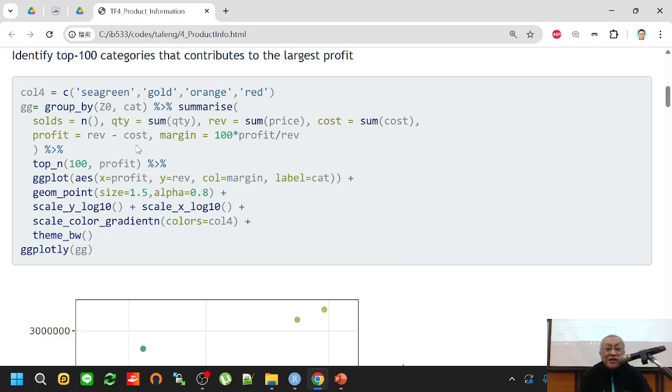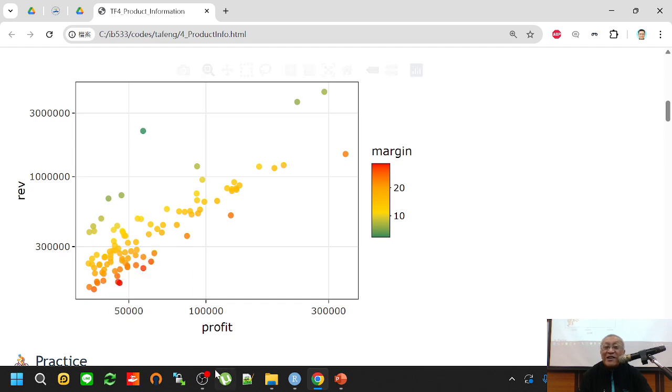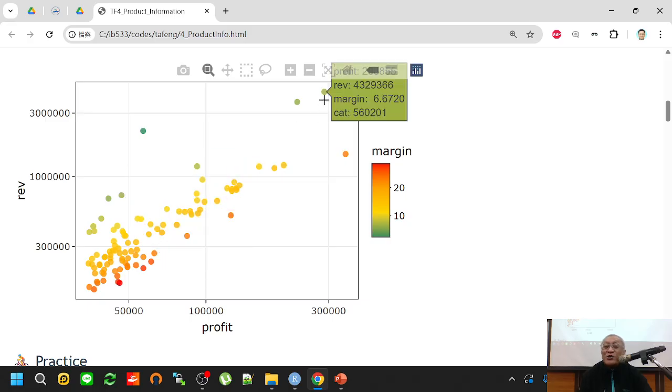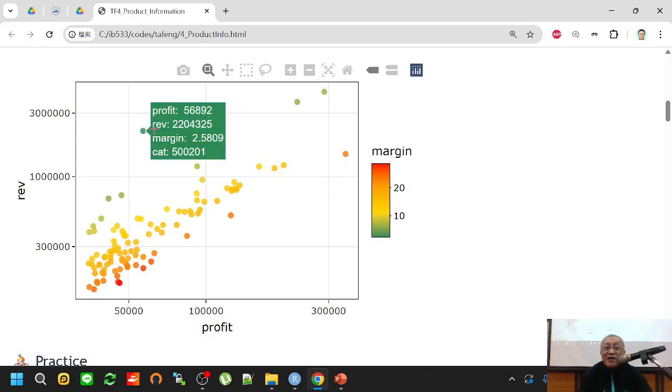So it's the total profit contribution and total revenue contribution in different product categories. Okay, so you can see that, for example, for this one, category 500201, it generates so much revenue and also the profit, and the margin, right?